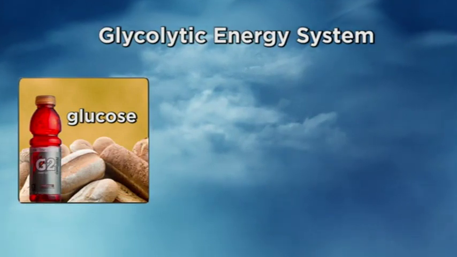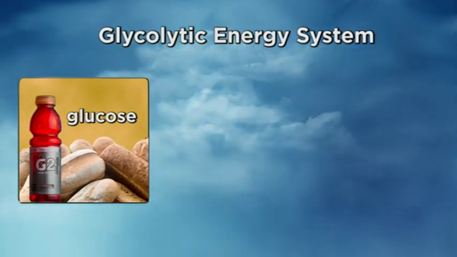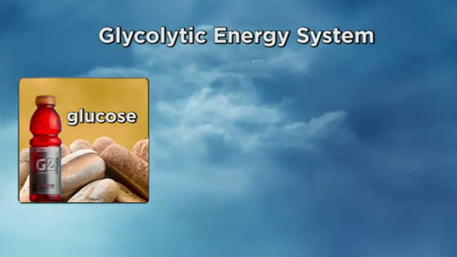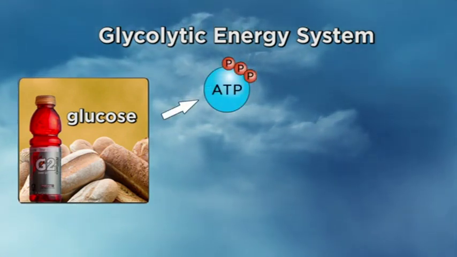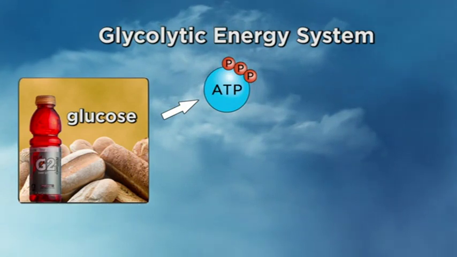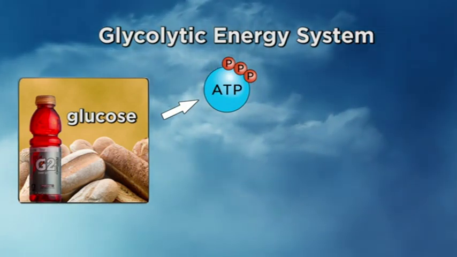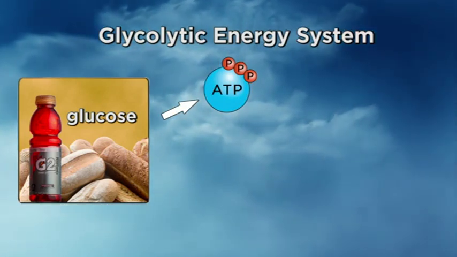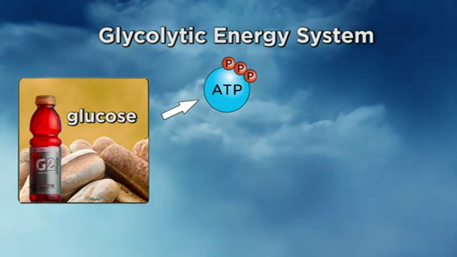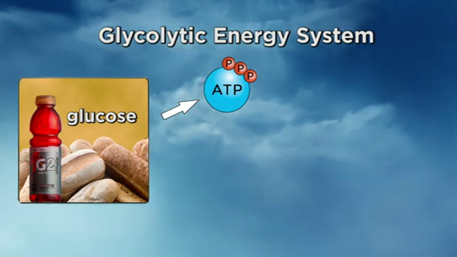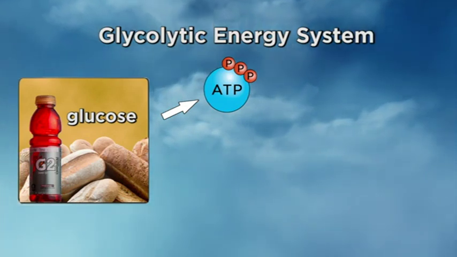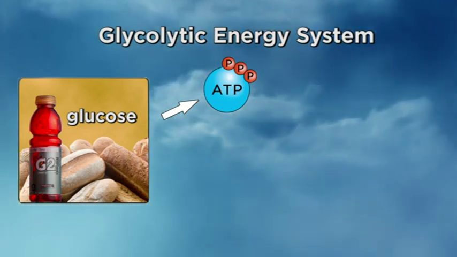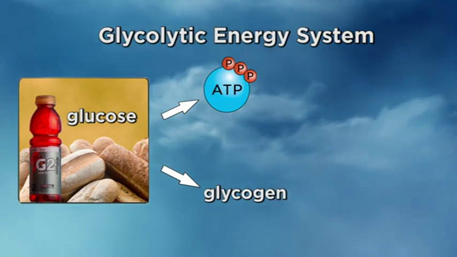Glycolysis, as the name implies, is the breakdown of carbohydrates or glucose to make ATP. And glucose is in any type of carbohydrate that you would eat or drink. It could be a sports drink, it could be a piece of bread, or even an apple. But once the glucose is in your blood, you need to get it into your cells to break it down to either make ATP or to store it as glycogen for later use.